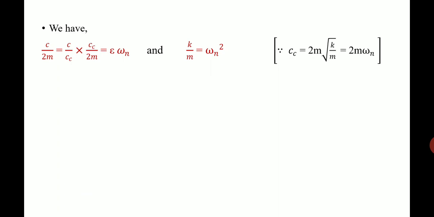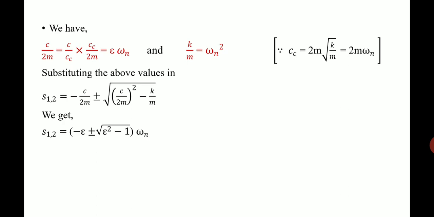From the equation Cc is equal to 2m omega n, you can find that Cc by 2m is equal to omega n. So you can substitute that here and it will be epsilon into omega n. So C by 2m can be replaced by epsilon into omega n. Also we have k by m equal to omega n square.